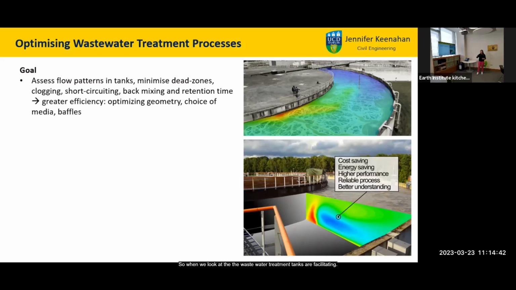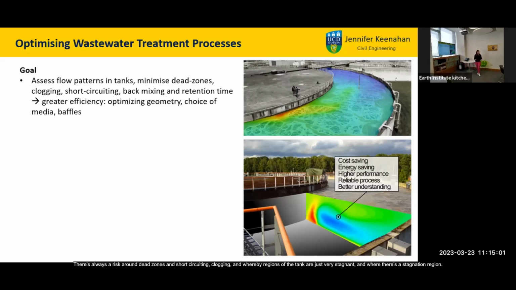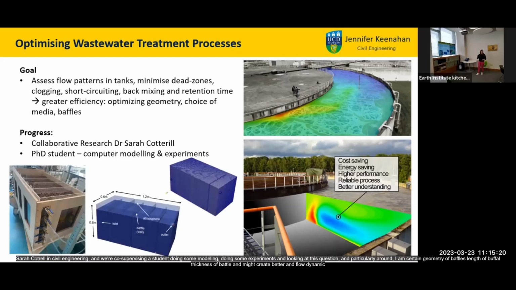So when we look at the wastewater treatment tanks or facilities, there's always a risk around dead zones, short-circuiting, clogging, whereby regions of the tank are just very stagnant, and where there's a stagnation region, then there isn't good quality water treatment happening. So the question is around, can we make these more efficient? Can we optimize their geometry, or the choice of media, or the installation of baffles to make the whole system more efficient?